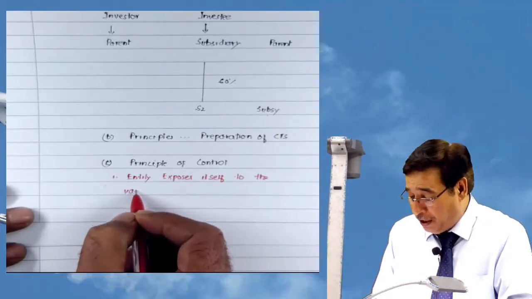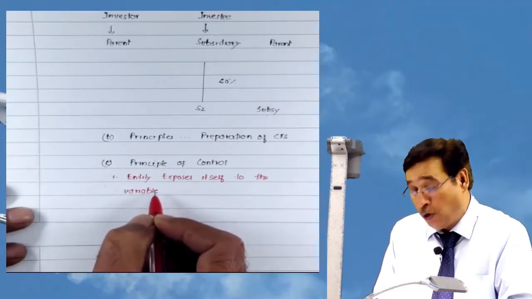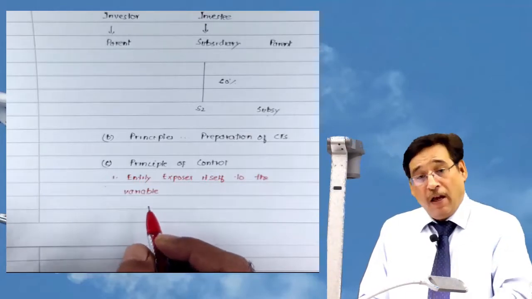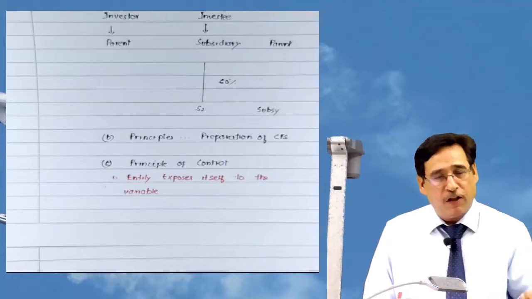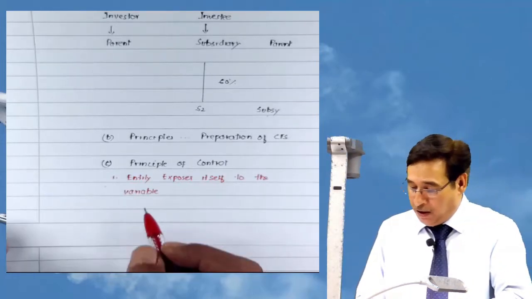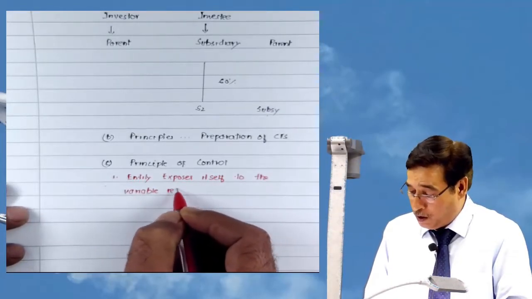Here, variable stands for no return or lower returns, because the word expose is there. The entity is exposing itself because there is always the possibility that we might not have the return, or we might have a return much lower than our expectations. So the entity is exposing itself to variable returns.